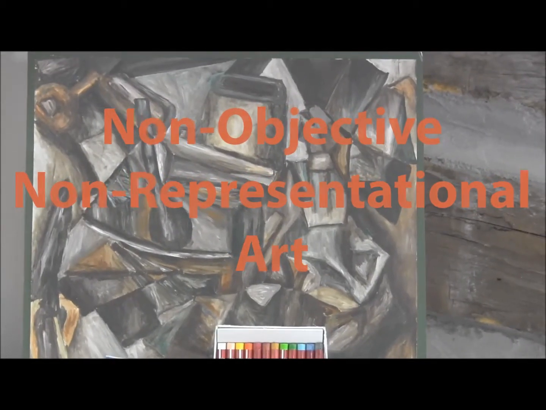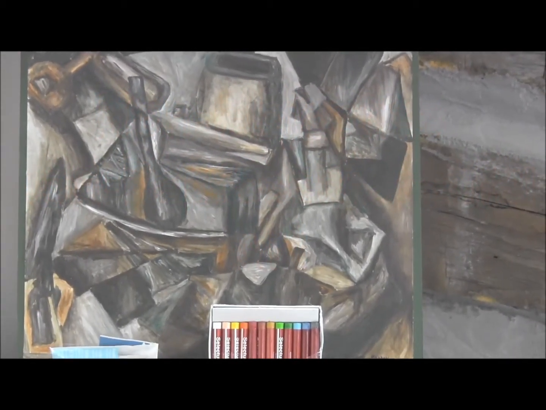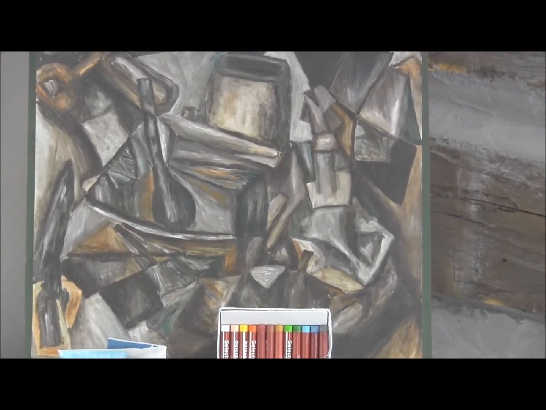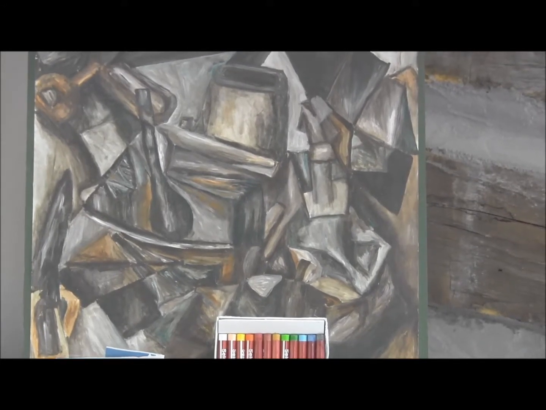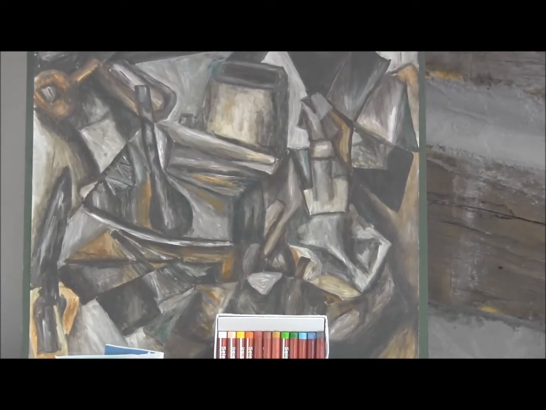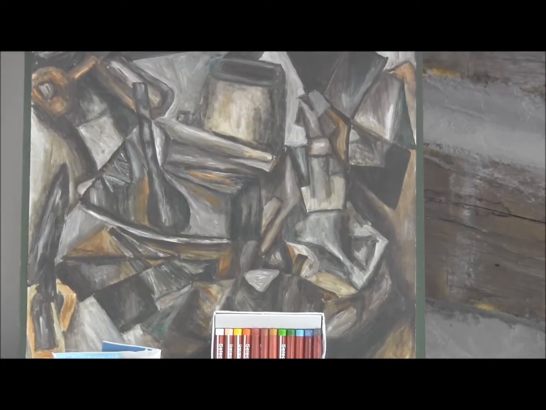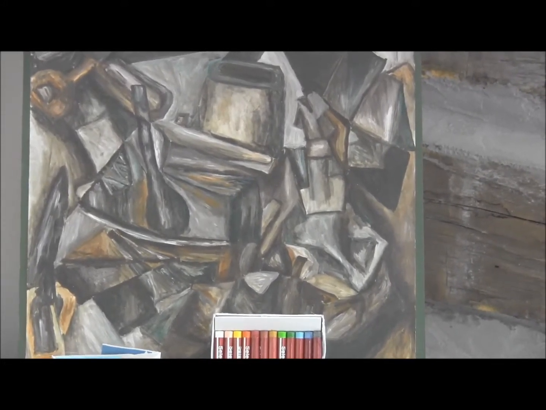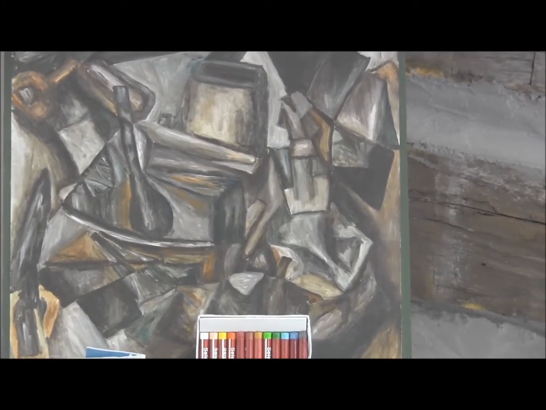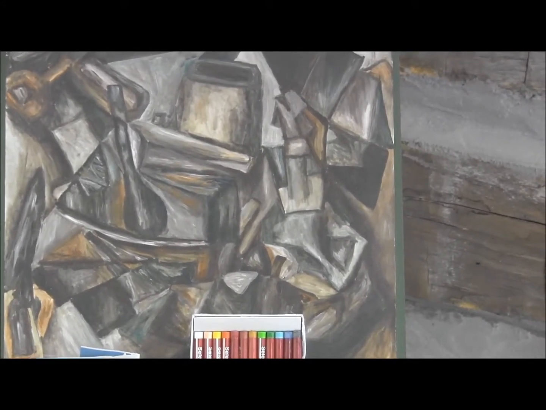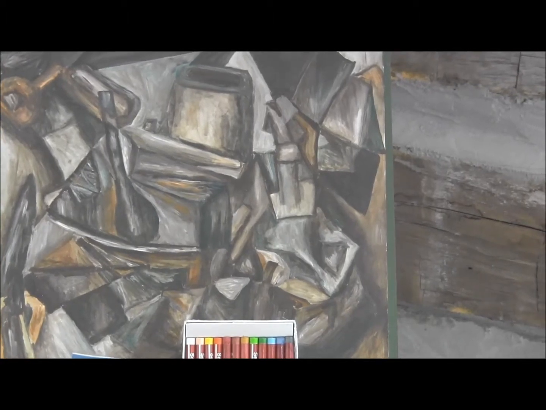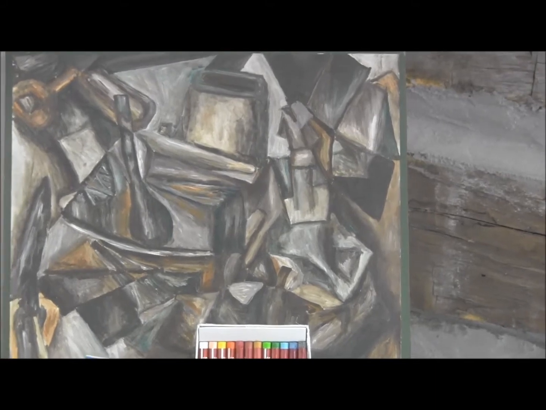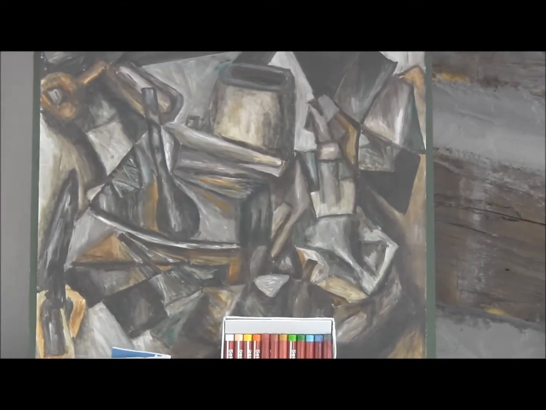So what you see before you is an example of the non-objective assignment that I've asked you to do in pastels. And you're going to do it by putting different spheres, cubes, and cylinders on your page overlapping, and then using different tones of color and some shading and blending technique, light and dark areas, produce an abstract piece.